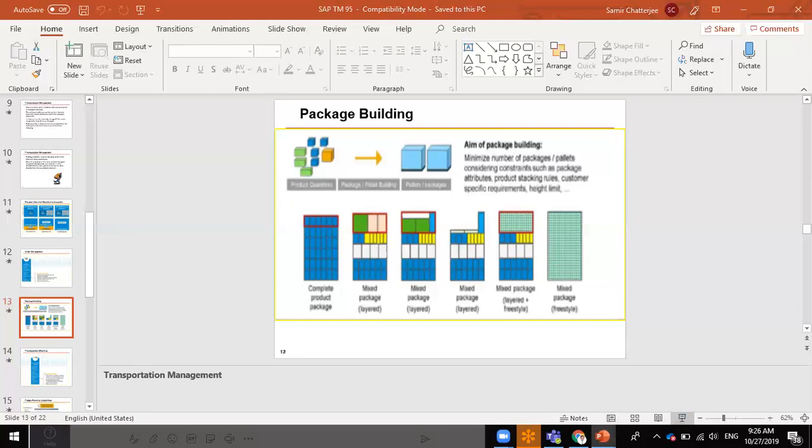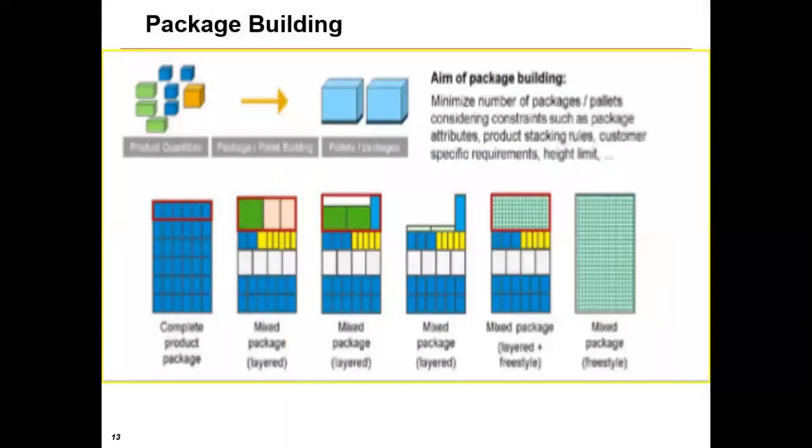I am putting on this slideshow to see more precisely and confidently about this package building process. Basically, the aim of the package building process is to optimize the number of packages per pallet.